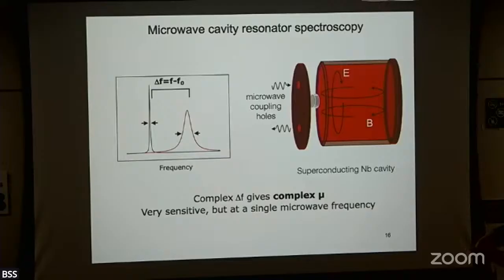So you need these shifts to be tiny, and if you start to get weird asymmetries... Lorentzians in the frequency domain correspond to exponentials in the time domain, so if you have non-Lorentzian line shapes, that means you have multiple ways that radiation is dissipating in the cavity, presumably a superposition of exponentials in the time domain, and that's not a good thing to have.